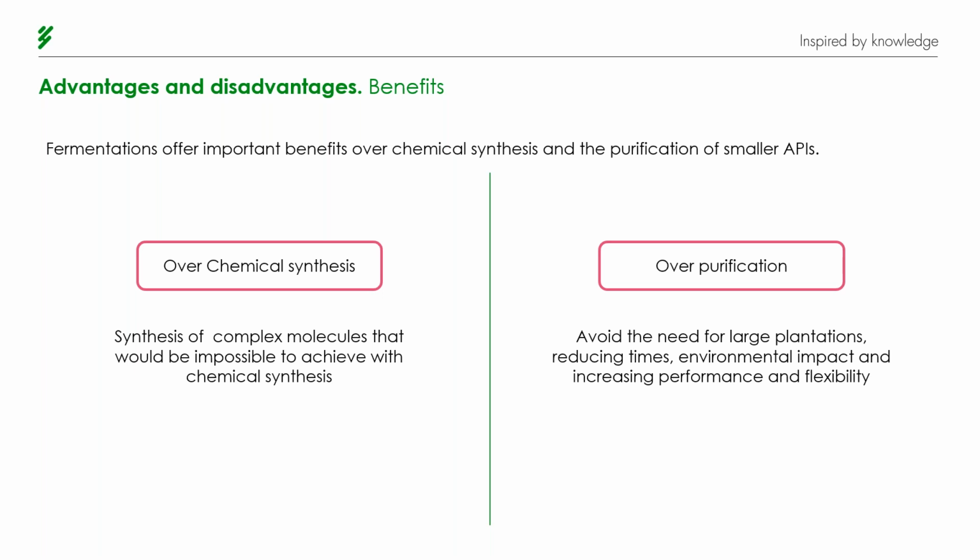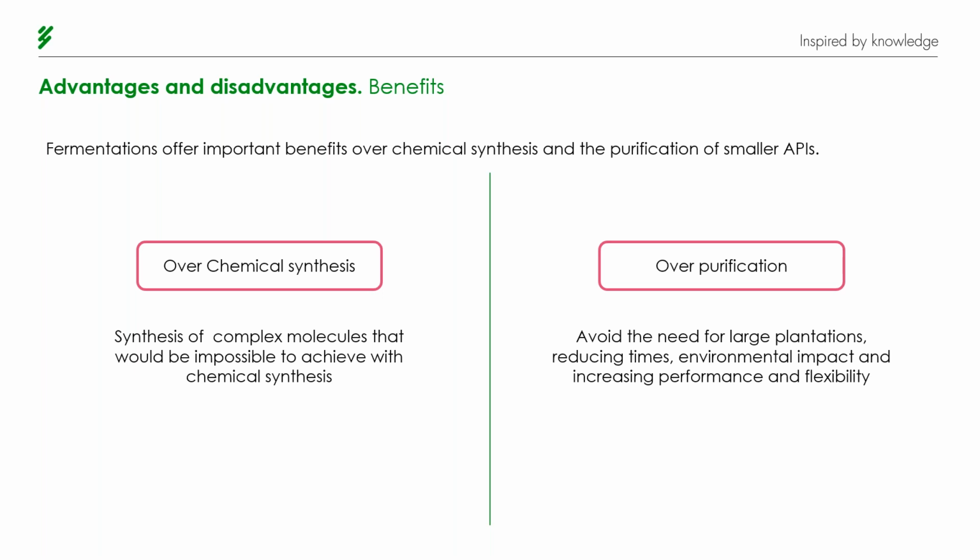And regarding the case of the purification, we avoid the requirement of large crops. So we can reduce the process from years to weeks, avoiding the environmental impact of large crops. We obtain a higher yield, and we don't depend on the weather, and it allows a greater flexibility in choosing the location of the industry.